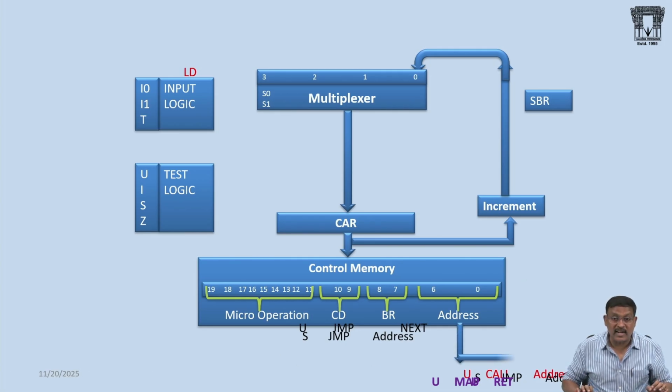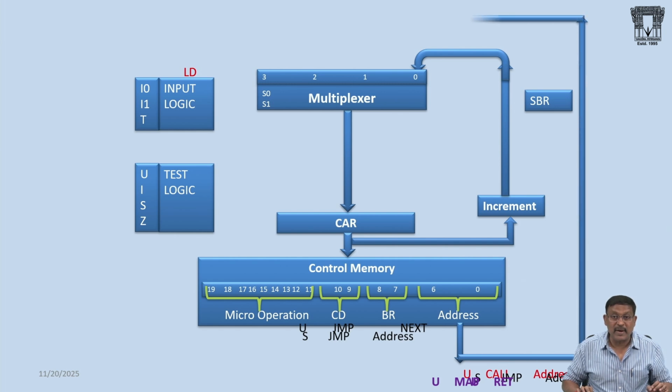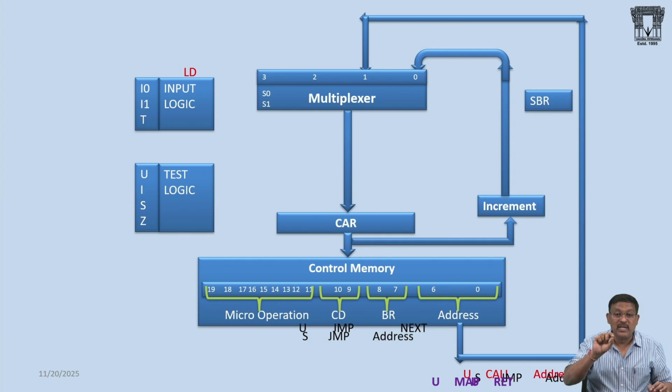Right? This is the address. Next address is to be transferred. This is the branch address. When this branch address takes place, your CR register, branching, condition is true, then jump to the branch location. This address is loaded as the next address into the CR register.